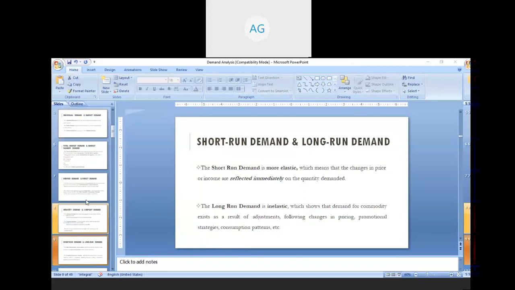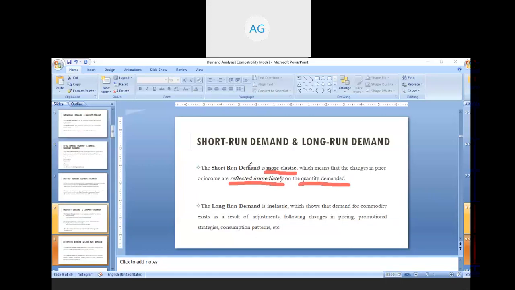Now, the next types of demand are short run demand and long run demand. The short run demand is more elastic, which means that changes in price or income are reflected immediately in the quantity demanded. Suppose an item's price abruptly increases, then there is a short run demand for that item, because the price has increased abruptly, so its demand is low.